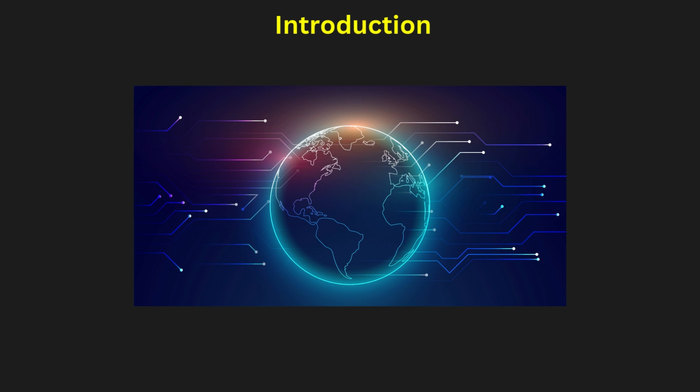Now, introduction. The introduction chapter lays the groundwork for understanding the internet as a network of networks. It discusses how networks like the intranet and extranet interconnect with the internet, enabling global communication. You will explore the World Wide Web, domain and subdomain concepts, DNS, and protocols like HTTP, FTP, and Telnet.